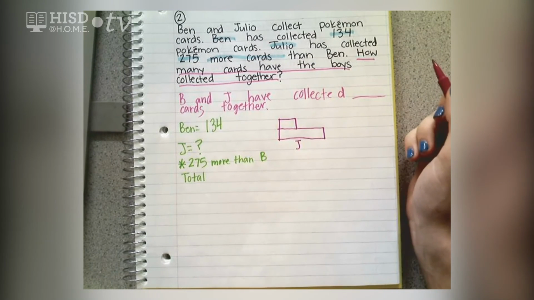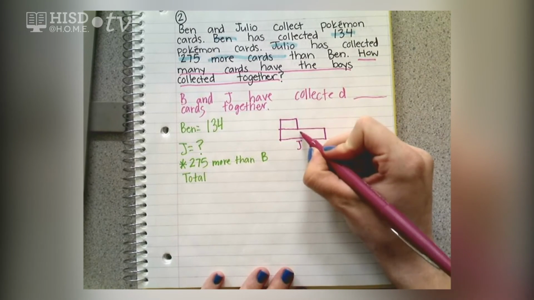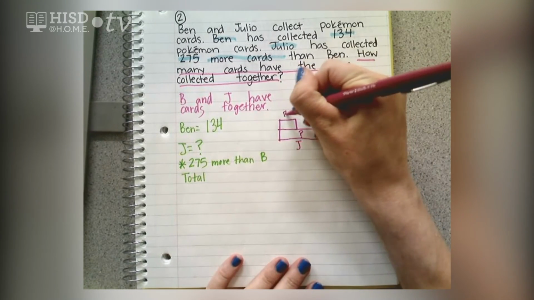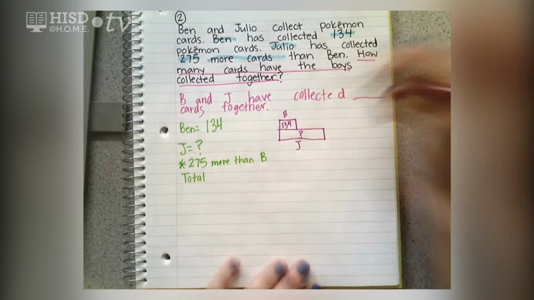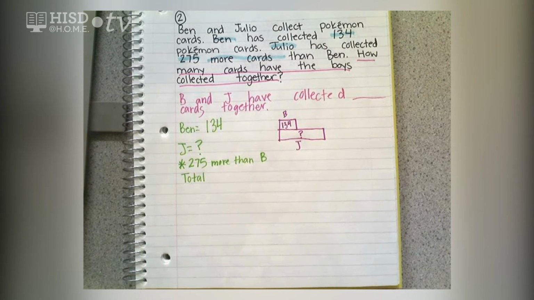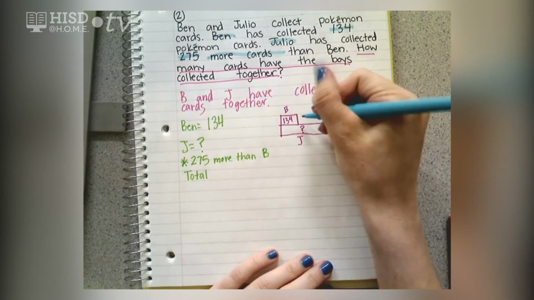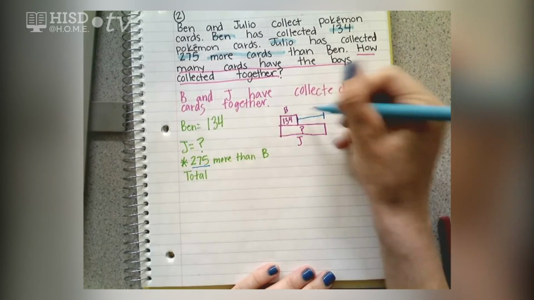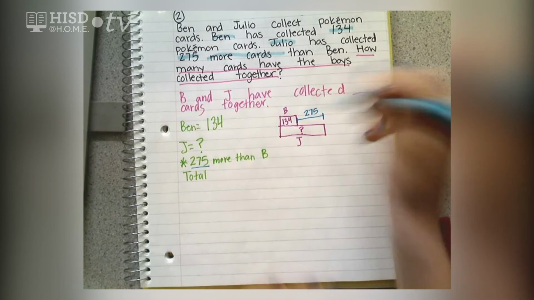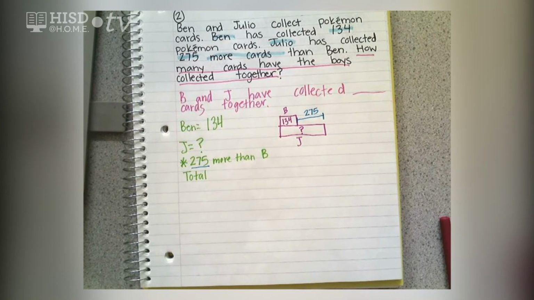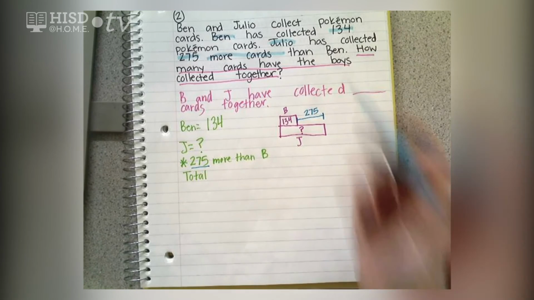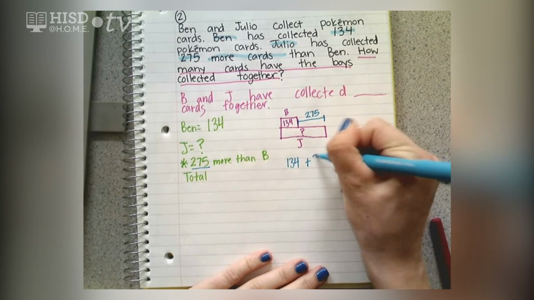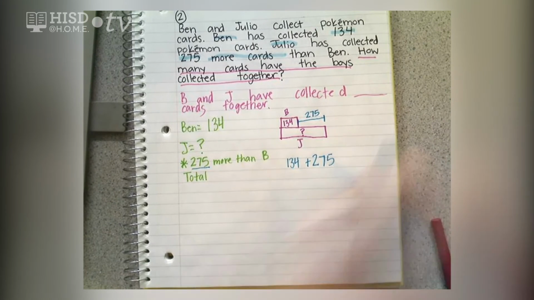If he has more than Ben, he has the most. That's why his section is the biggest. We know Ben has 134, but we also know that Julio has this much more than Ben, which happens to be 275. So this is representing 134 plus 275.